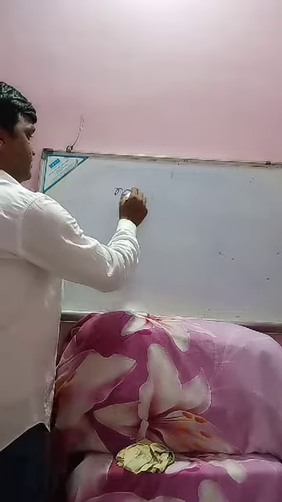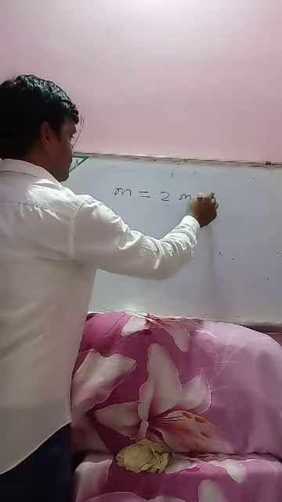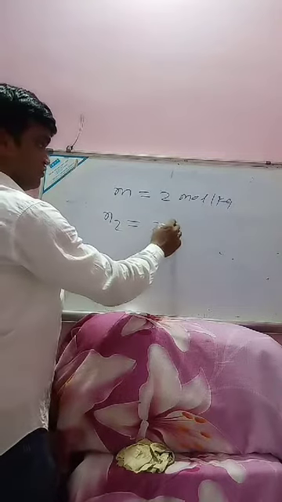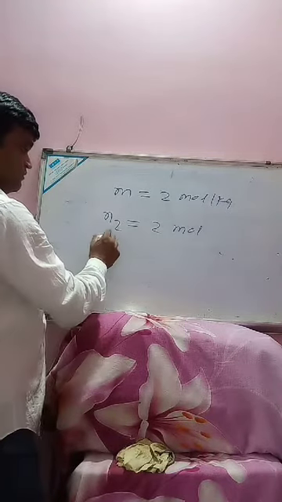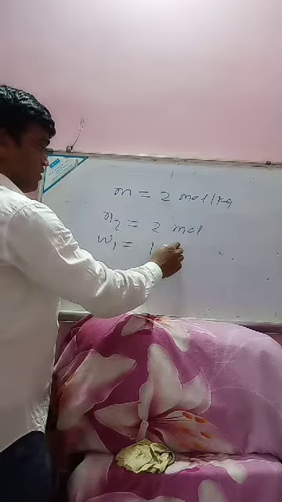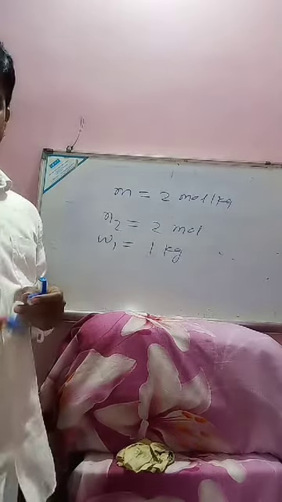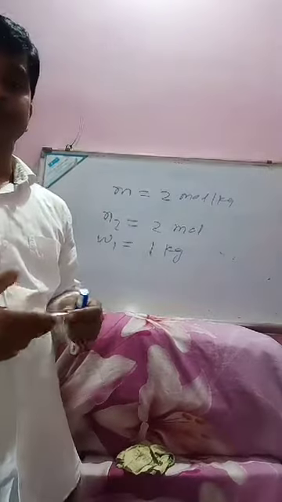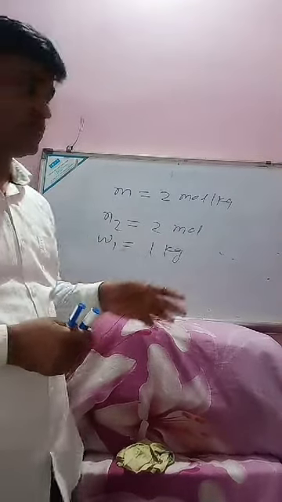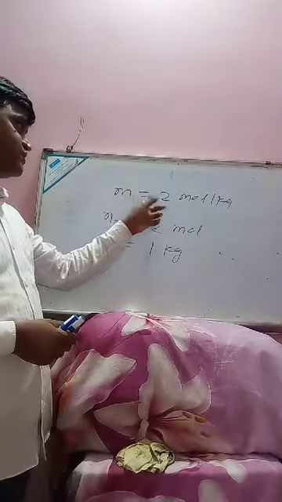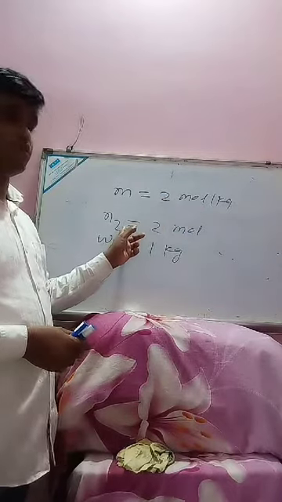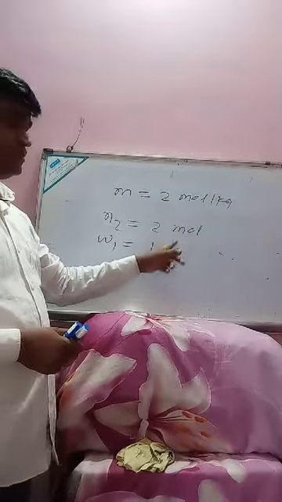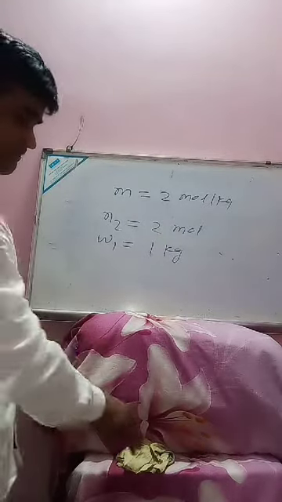Suppose molality is given as 2 moles per kg, then the number of moles of solute is 2 moles, and the mass of the solvent W1 is 1 kilogram.